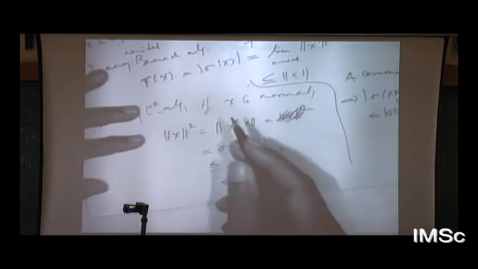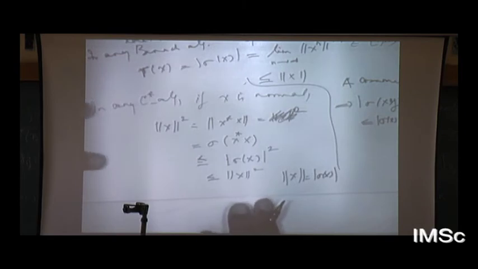I should have said... Yeah, okay. So it shows that if x is normal, norm x equals the spectral radius of x. But actually you don't need this, you can prove it directly.